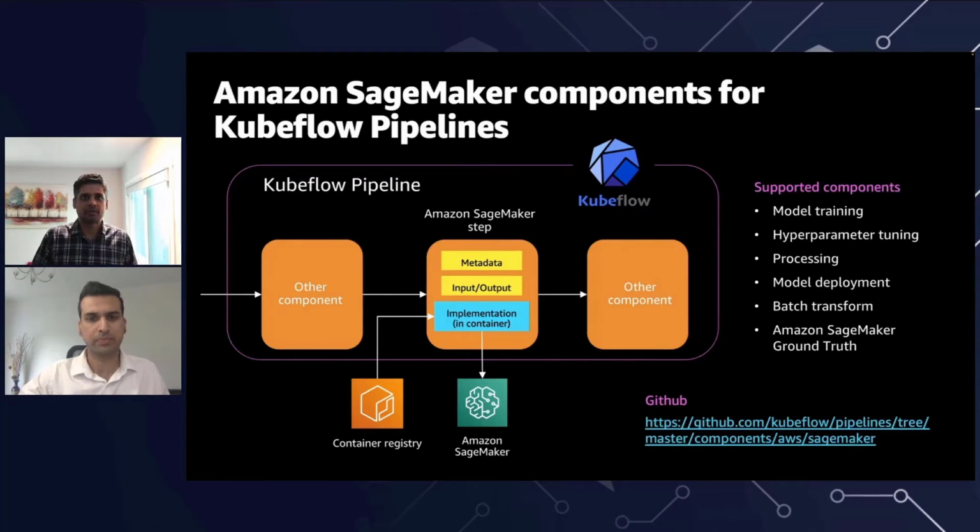A lot of partners and open source solution providers have built their components which can be run from within your Kubeflow pipelines for running these different functions within the machine learning workflow.